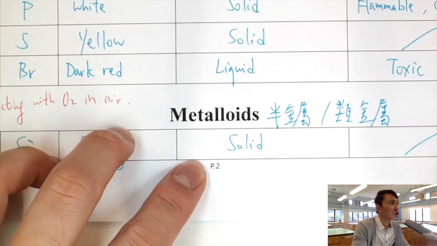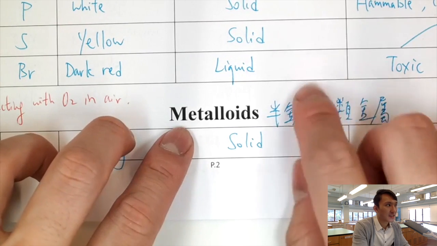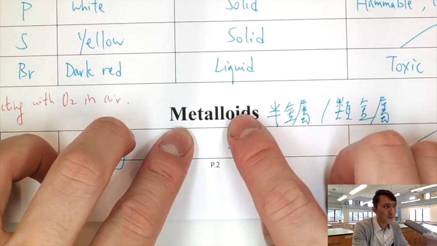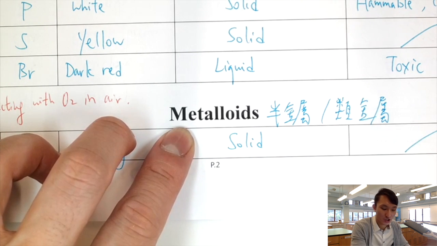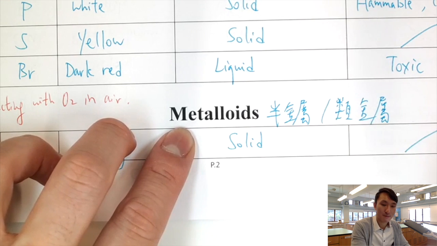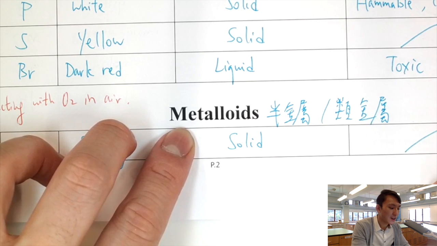You can tell from the Chinese name that it is something similar to a metal, but it does not precisely belong to metal. So it's kind of in between metal and non-metal.